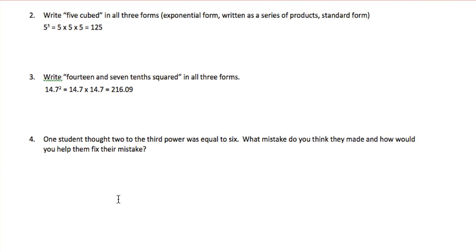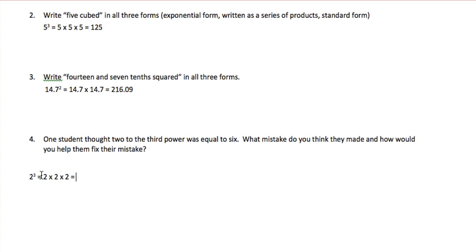In question 4, one student thought 2 to the third power was equal to 6. What mistake do you think they made, and how would you help them fix their mistake? Well, first of all, 2 to the third power looks like this in exponential form, and that is equal to 2 times 2 times 2.